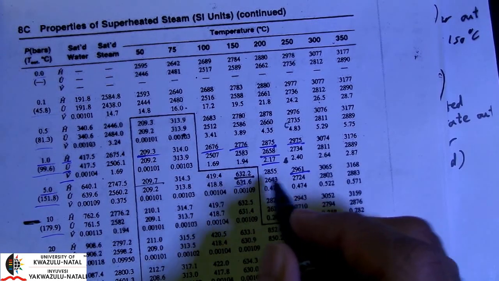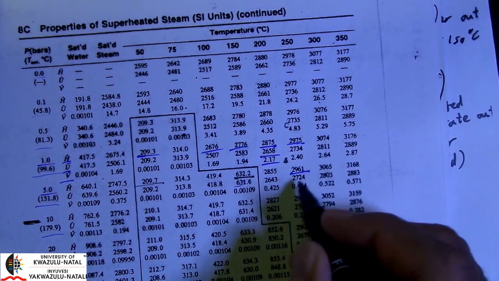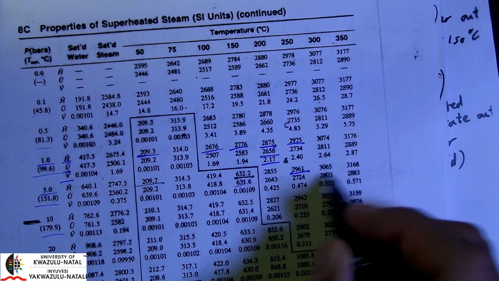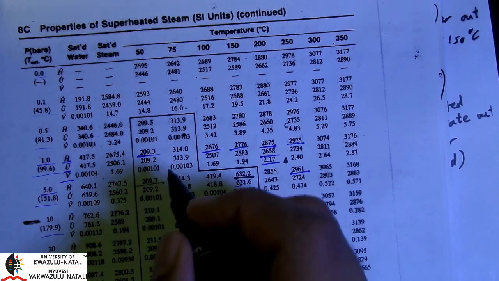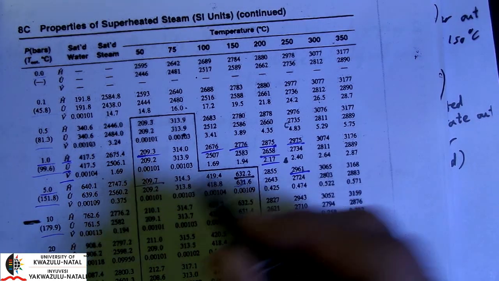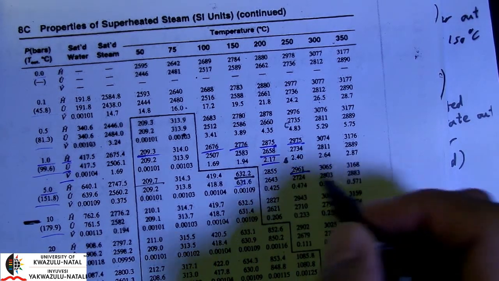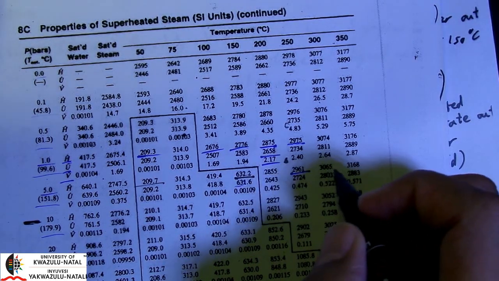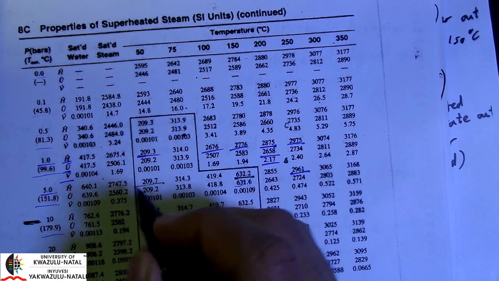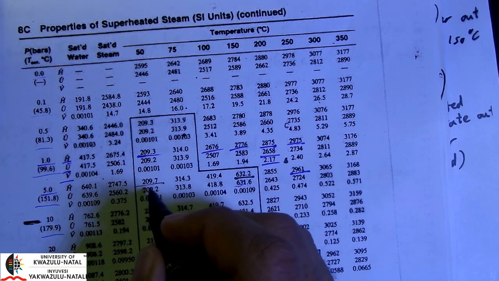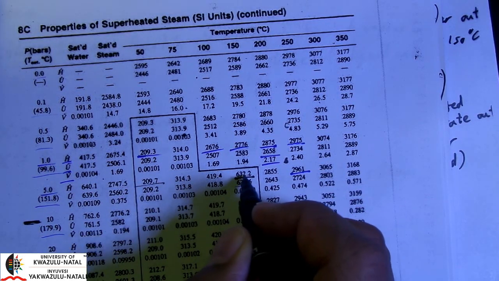Our latent heat is in fact included in our superheated steam tables. Okay, so if the water actually vaporized, if the temperature was higher, it wouldn't be a problem. But for now, we are looking at 50 to 150, so we can look at these two values.